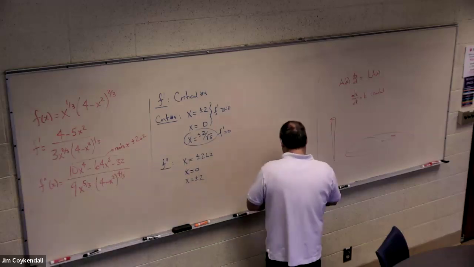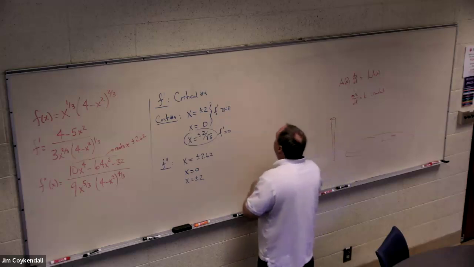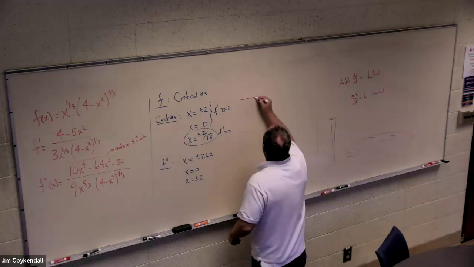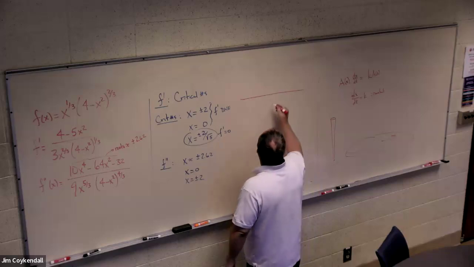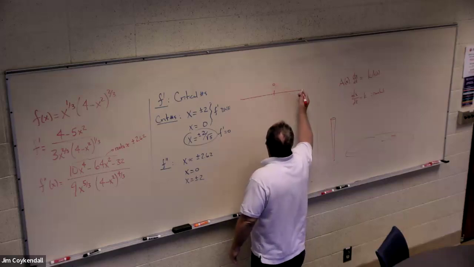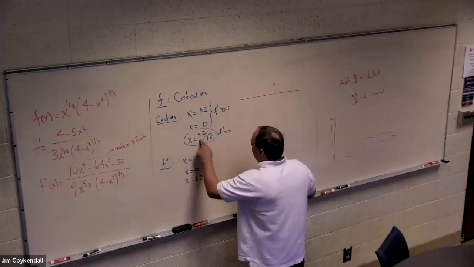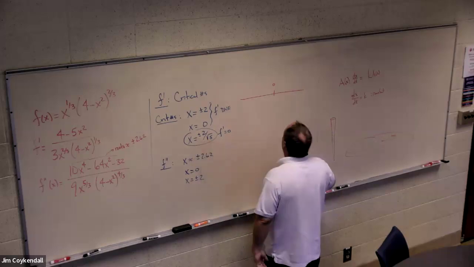Okay, so let's analyze it. The first derivative got what, 5 critical numbers? 0. See, this thing's a smidge less than 1.